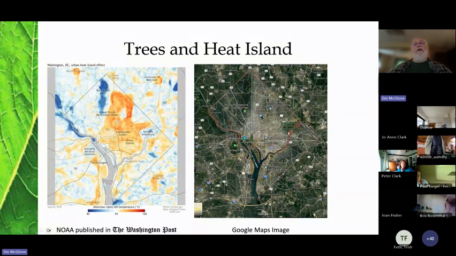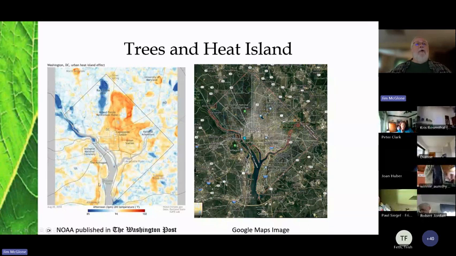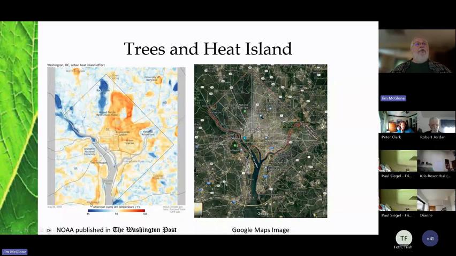And by planting trees or increasing tree canopy cover, we can mitigate some of the effects of climate change. One of the other things to note is, for example, here in Fairfax, Northern Virginia, this is the Route 1 corridor, which is a tree desert, and we have much higher temperatures. This is also where a lot of at-risk communities are found.